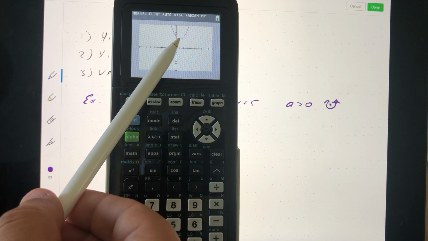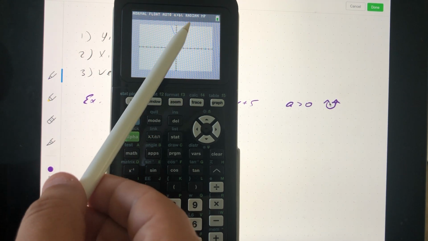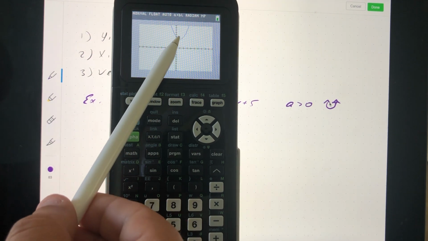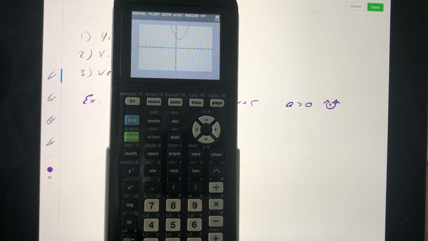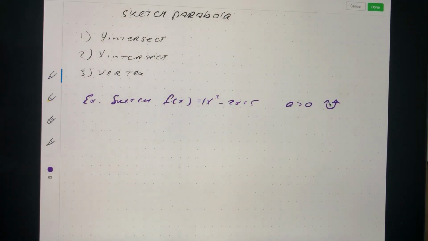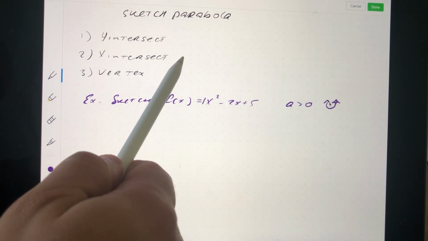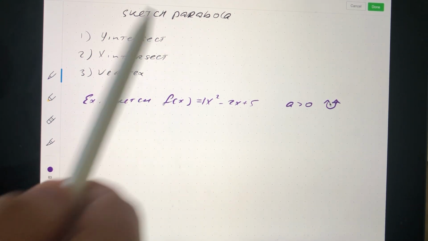We will have a vertex, but we don't have any places where the U-shape crosses the x-axis, which means that the x-intercepts are imaginary numbers. So when we are working with step 2, looking for the x-intercepts, we are going to expect to have imaginary solutions, not real solutions. So let's go through it and fill in the information.